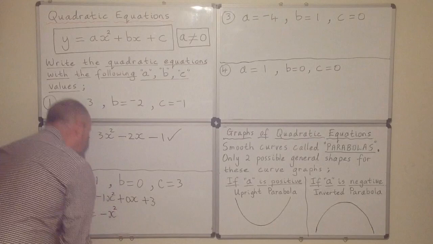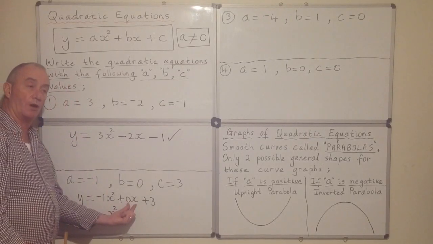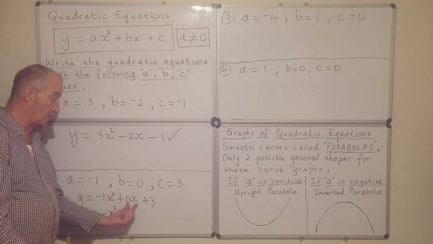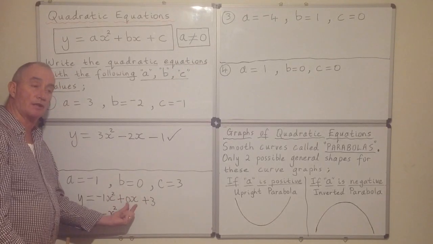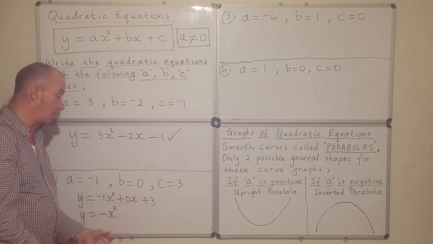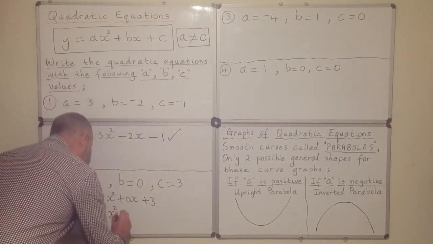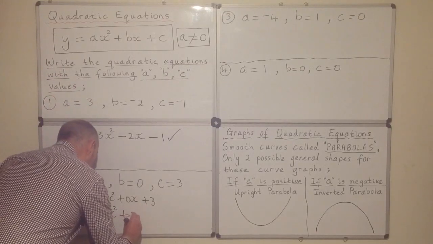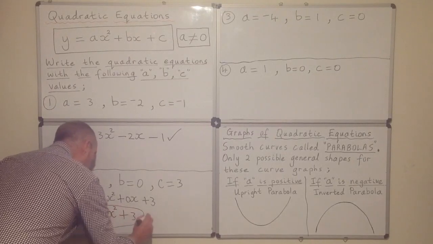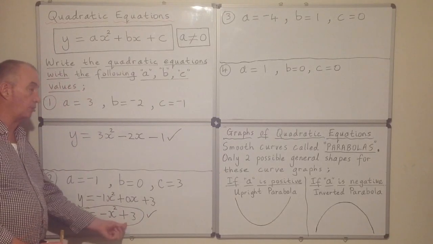Now, 0x means 0 multiplied by x, which is 0, which means the x term disappears. This quadratic equation will not contain an x term. It will, however, contain plus 3 at the end. That's the answer for that one. Y equals negative x squared plus 3.